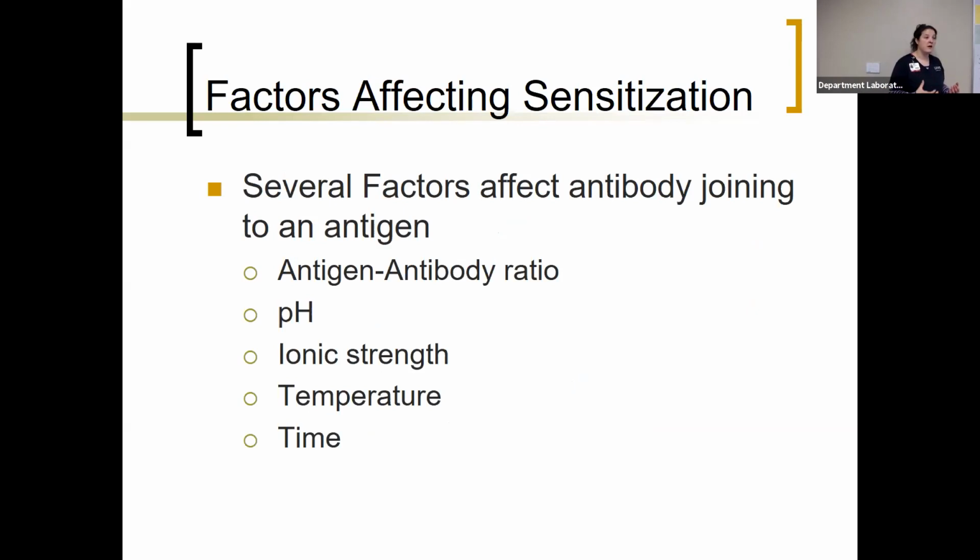Usually for your IAT and your panel, you'll add 2 drops of patient plasma to 1 drop of cells. That gives us the zone of equivalence, a little more opportunity for the antibody to bind to the antigen on the commercial red cells. pH, ionic strength, temperature, and time all play a role as well. We're going to talk about how the blood bank varies these.